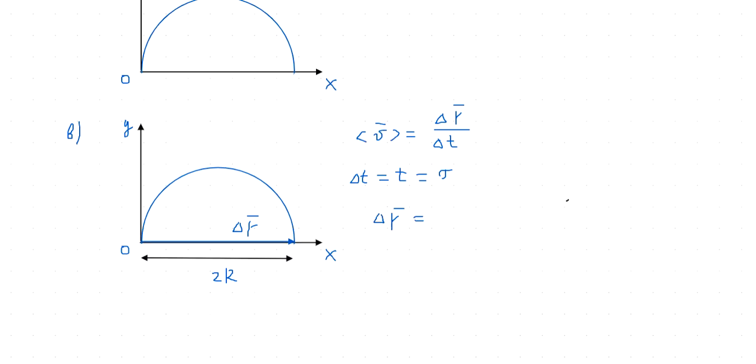Maybe it is necessary to remind that if we have a two-dimensional Cartesian coordinate system, x, y, here we have the origin, and let's imagine that we have some vector a.